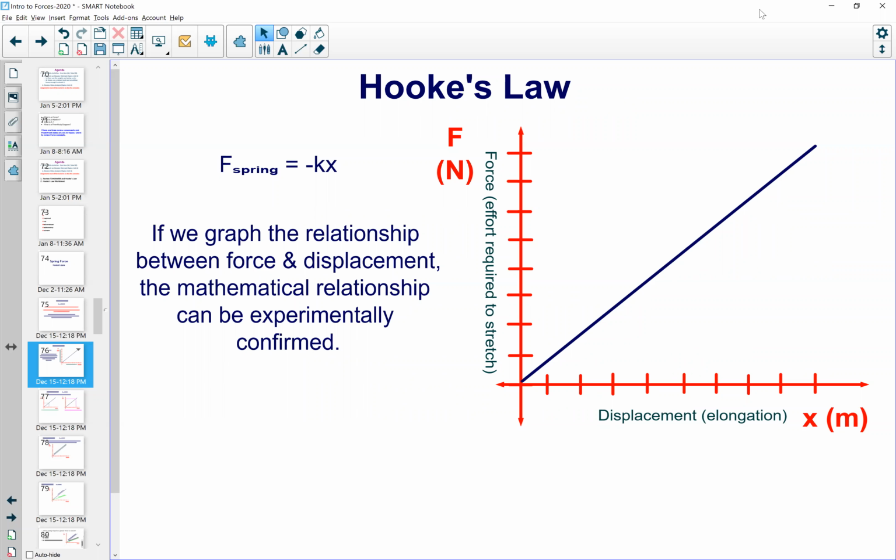Now, what would the units be for the slope of this line? Newtons per meter. Yeah, newtons over meters. Well, what did we just say has units of newtons over meters? K. Yeah, the spring constant.